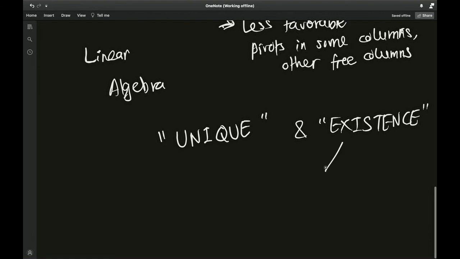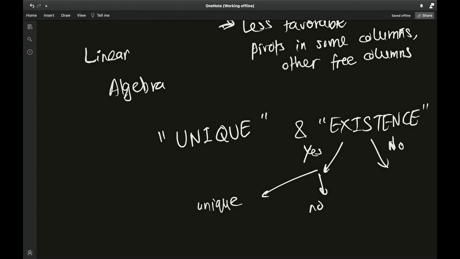And if it does exist, then is it unique? Or no? And if it doesn't exist, then there might be some geometric interpretation to why it doesn't exist. At least that's how I put it. So stay tuned for the next video.